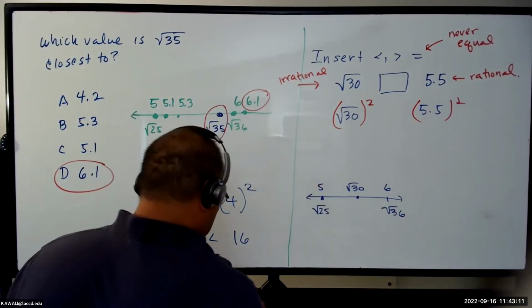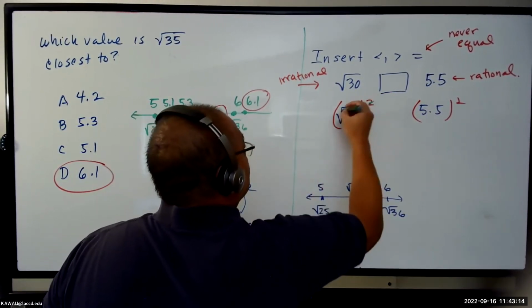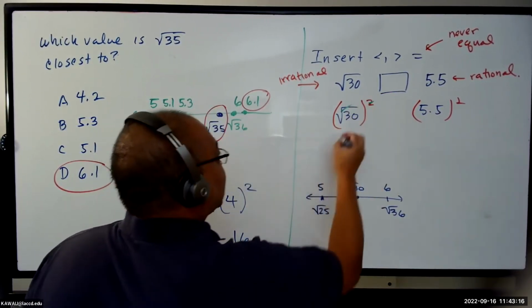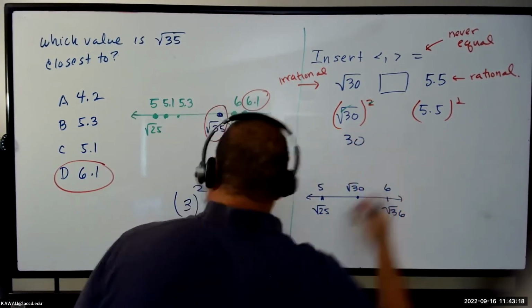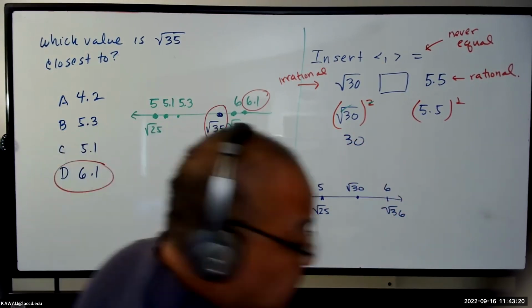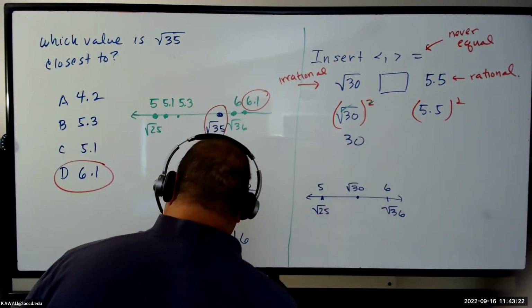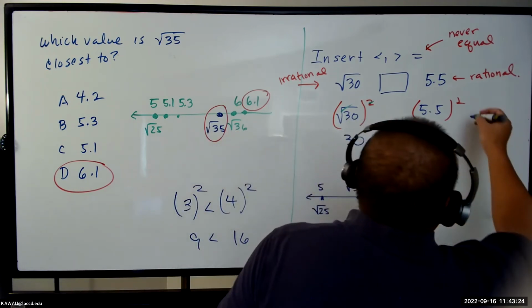So this square and this square root, they cancel each other out and I get 30. And over here, remember, you have a calculator. It doesn't have exponents, but it does allow you to do multiplication.